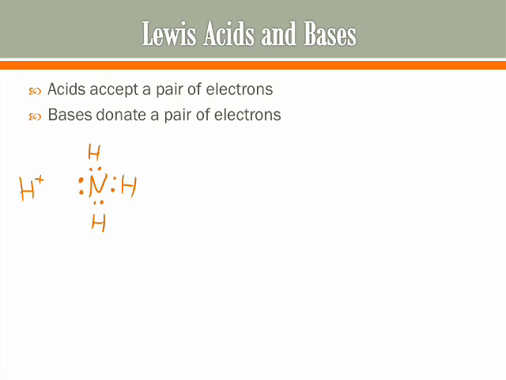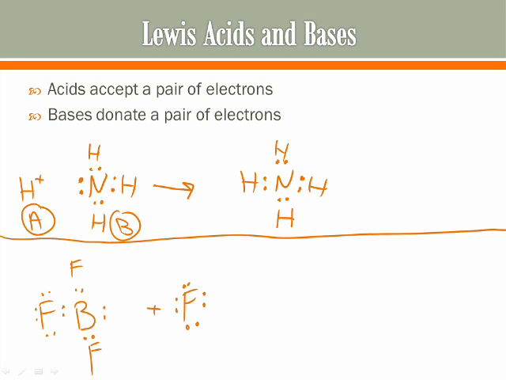Another example of a Lewis acid and Lewis base, we have H plus and NH3, and the H will be the acid, so it will accept the electron pair. NH3 will be the base, and it donates the electron pair in this covalent bond here. So we have the acid and base at that point here. And what about this next case?